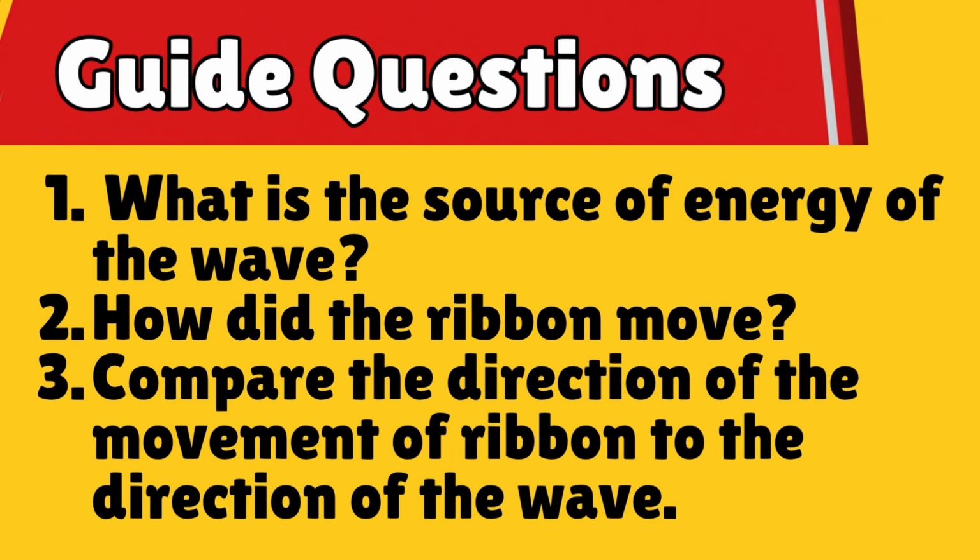So guide questions. Number 1, what is the source of the energy of the wave? Second, how did the ribbon move as the wave passed by? And number 3, compare the direction of the movement of ribbon to the direction of the wave.